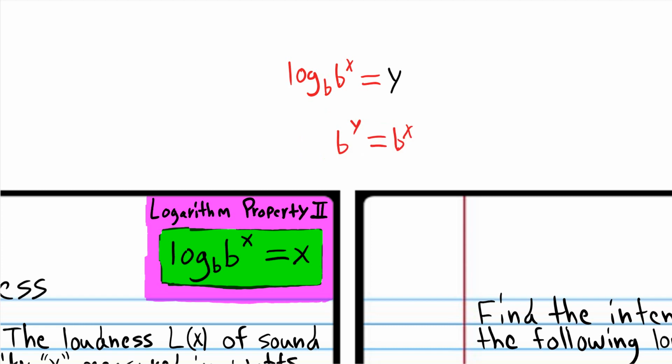These expressions are equal, right? These green expressions are equal. So if they're equal, what does that mean? Well, if the bases are the same, obviously y would have to be equal to x. But if y is equal to x, we can just change that y to x. So we proved it. We proved the property.